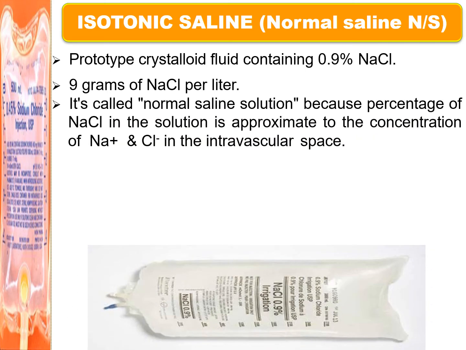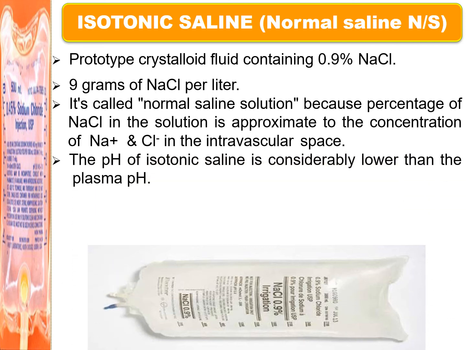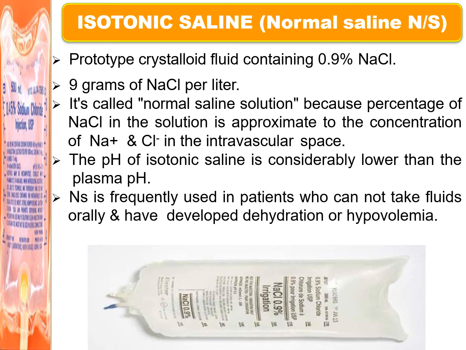It is called normal saline solution because the percentage of sodium chloride in the solution approximates the concentration of sodium and chloride in the intravascular space. As we already discussed in tabular form, the pH of isotonic saline is considerably lower than that of plasma.